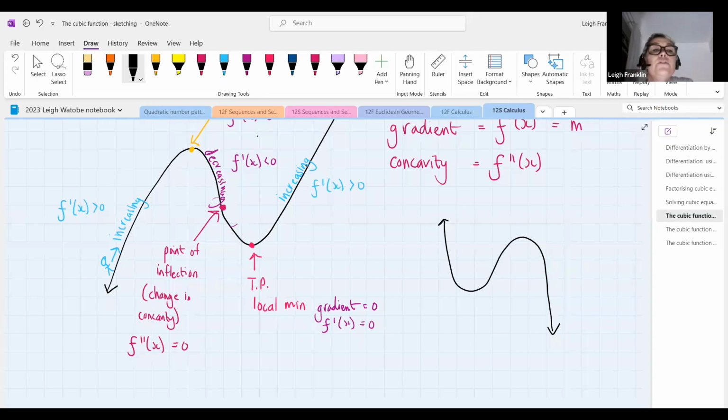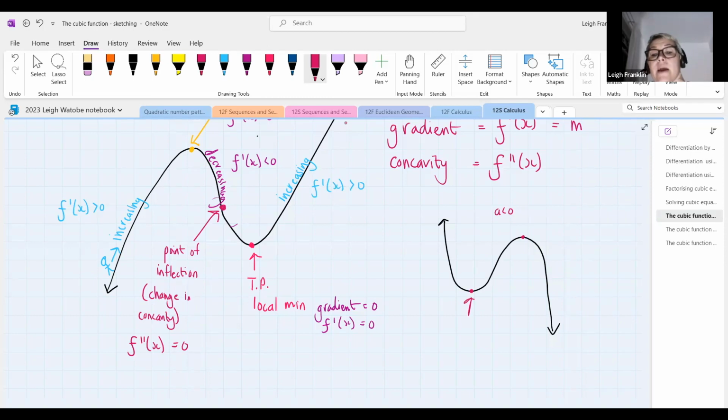Okay, so first this graph would be decreasing, then increasing, then decreasing. All right, so a graph where A is negative is going to be increasing between its turning points. A graph where A is positive will be decreasing between its turning points.